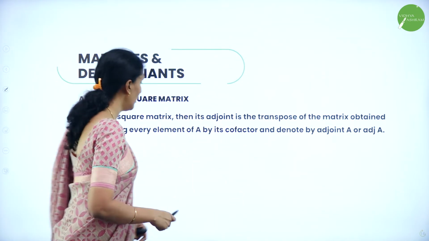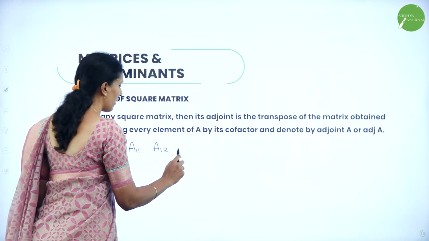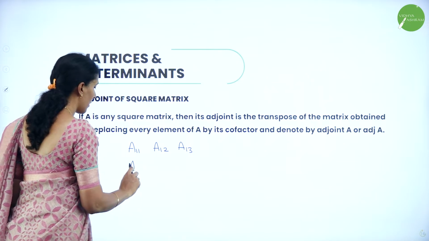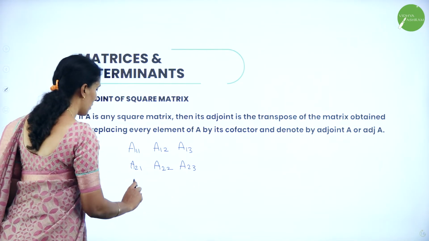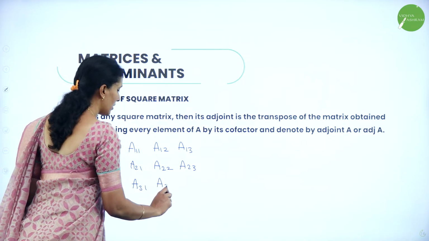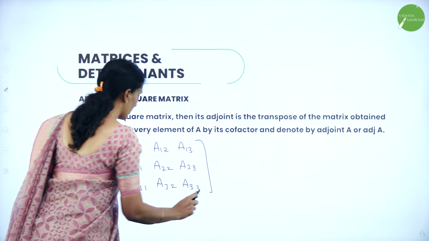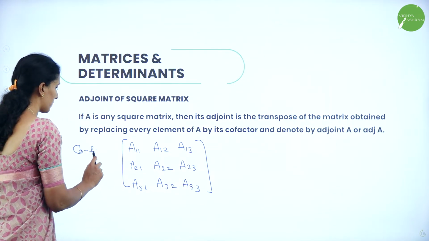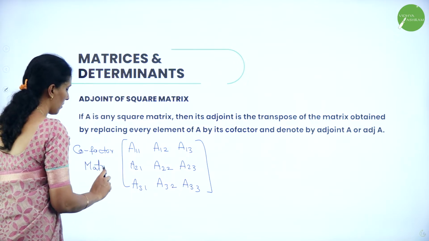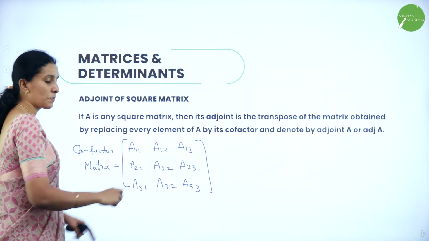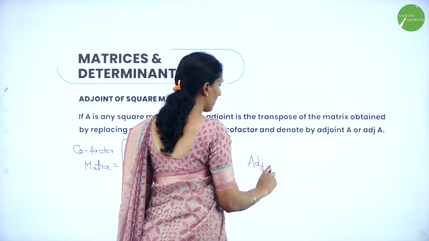For example, the cofactor of a matrix, you will get it in the form of A11, A12, A13, A21, A22, A23, A31, A32, A33. So this is the cofactor matrix. If you transpose this matrix, that is called the adjoint of the given matrix.